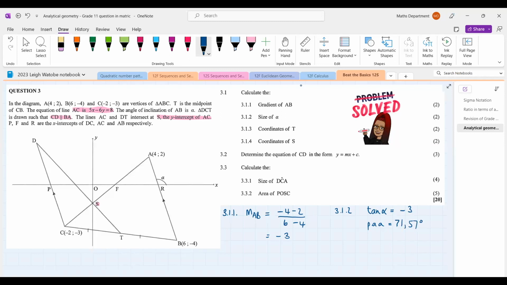Okay, that cannot be the size of alpha. Alpha is obtuse. There we go. Good. Panache, lovely. Katleho, same story. Okay, 71.57 cannot be the size of alpha. Alpha is obtuse.